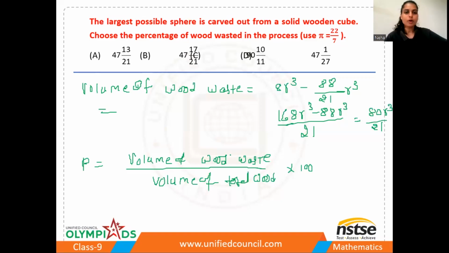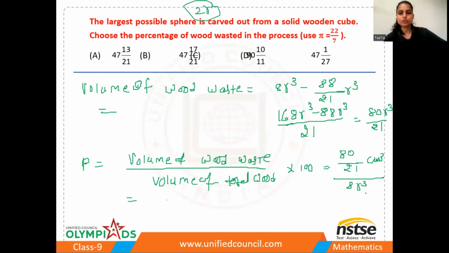So the volume of wood waste is 80 upon 21 r cube, and the total volume is 8r cube, because the side I am assuming is 2r. To find the percentage, I multiply with 100. Now some calculation is there, nothing else.